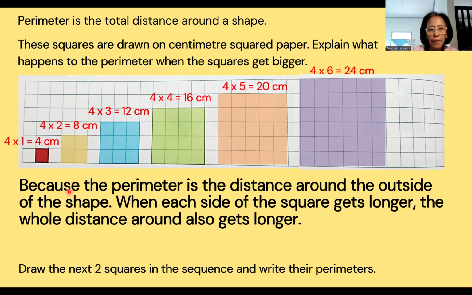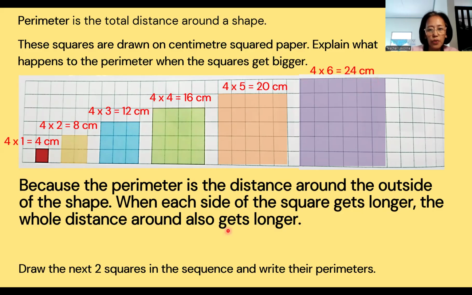Why? Because the perimeter is the distance around the outside of the shape. The outside of the shape, that is the perimeter. So each side, this one is 1 cm, gets longer, becomes 2 cm, 3 cm, 4 cm, 5 cm, and 6 cm.